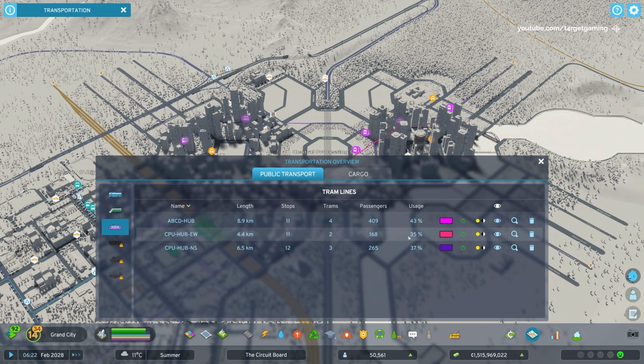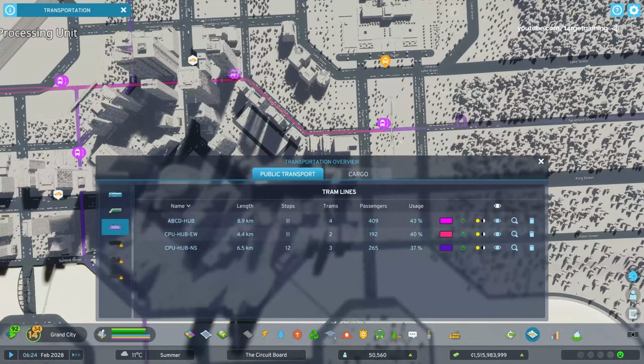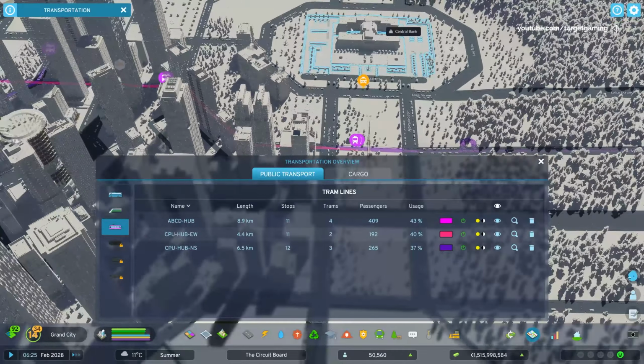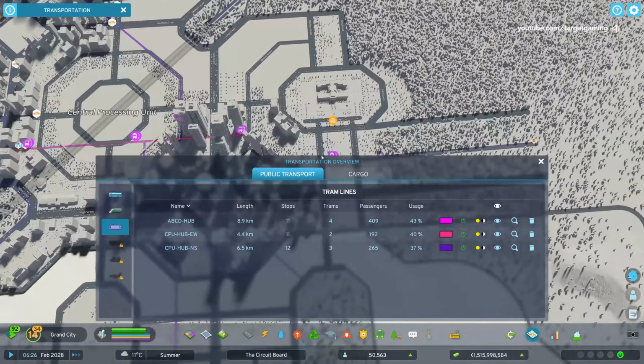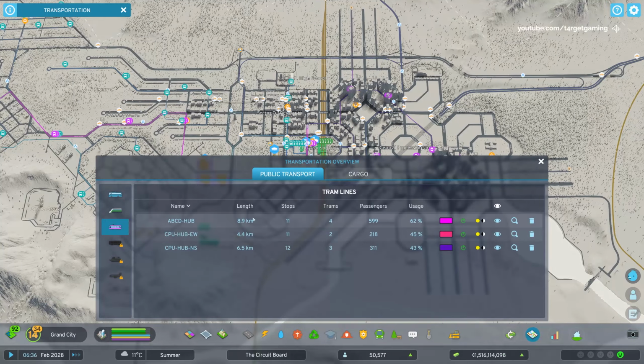For example, this one, the middle one in this red color, at the moment it is ending at around this location, right in front of the central bank, but eventually I will continue it towards this street as I start to develop this area over here. The namings of the lines are pretty straightforward.